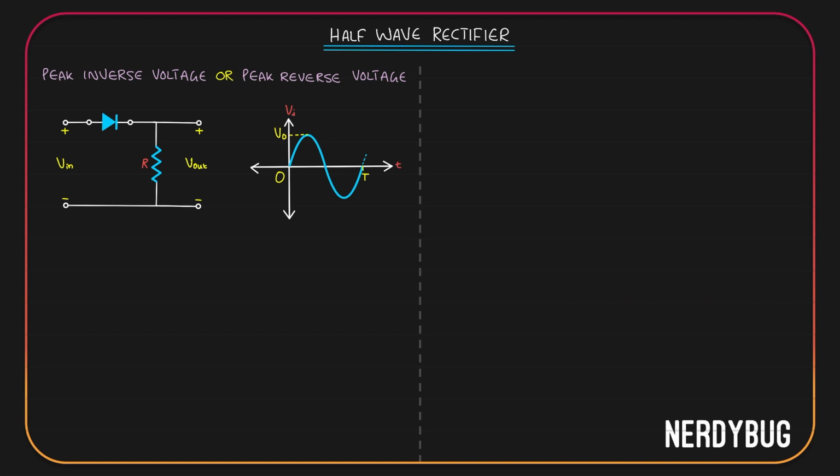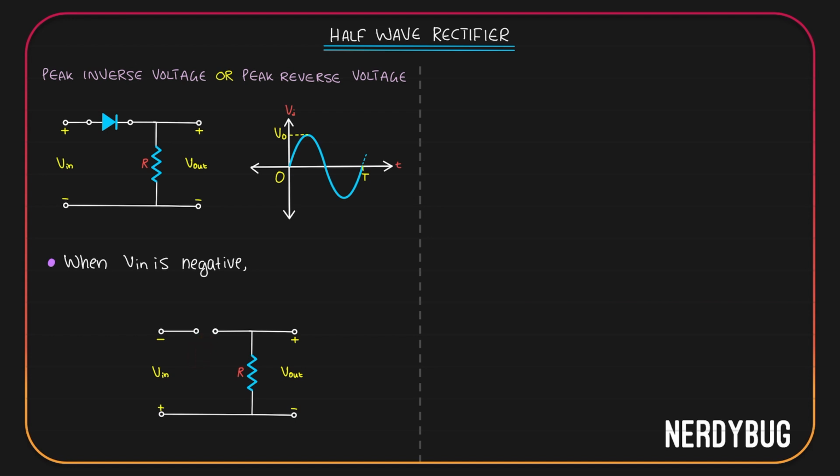The next concept we have to learn here is the peak inverse voltage or the peak reverse voltage. Consider this half-wave rectifier circuit and a sinusoidal input. Let us assume an ideal diode. When the input voltage is negative, it will get negative potential here and positive potential here. It will be reverse biased and we can model it as an open circuit.